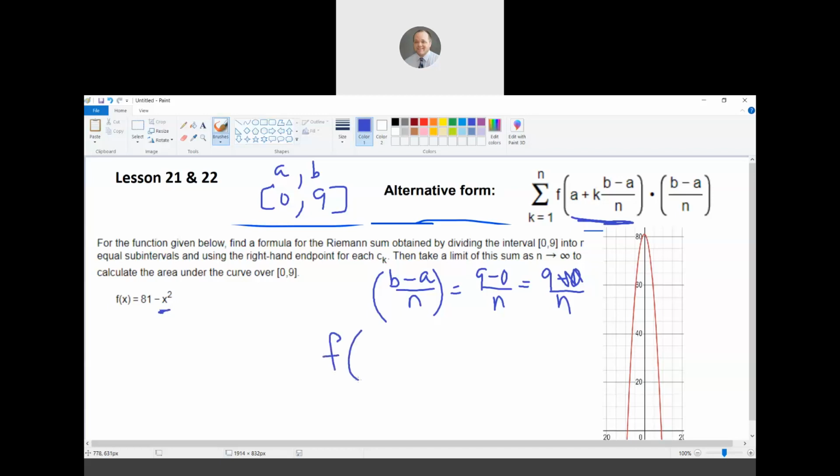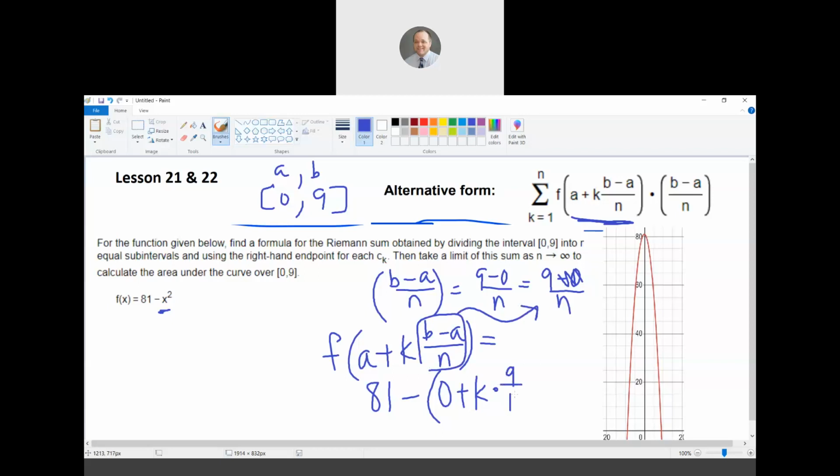So f of a plus k times b minus a over n, that is 81 minus, a is 0, k is our constant, and we just found the b minus a over n part. That's 9 over n.